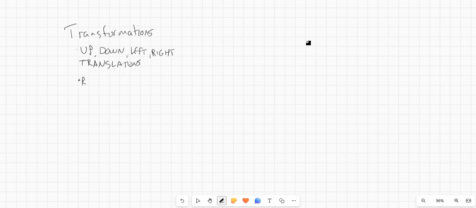We have reflections. Those. And then we have stretch, compress. But we also have X changes and Y changes.